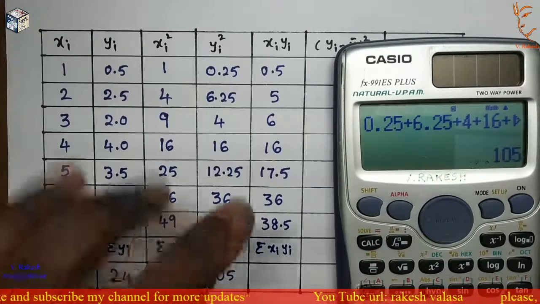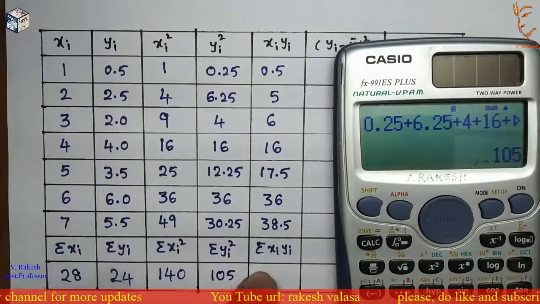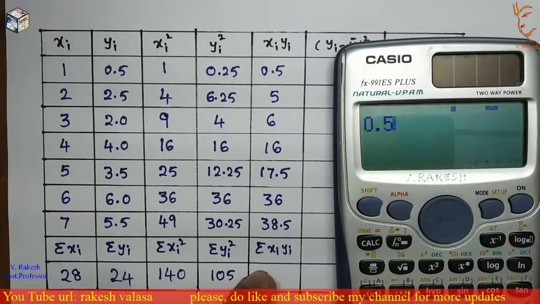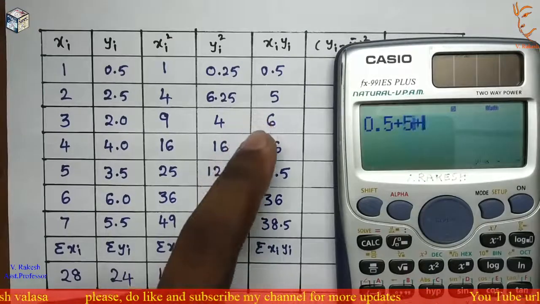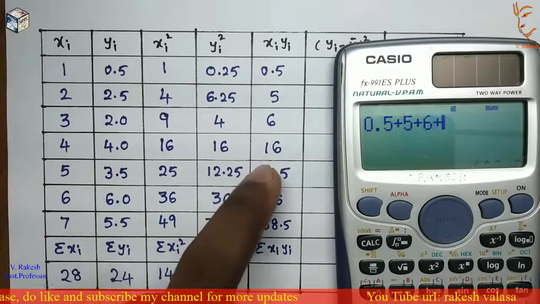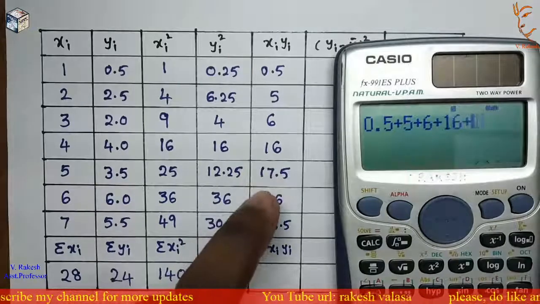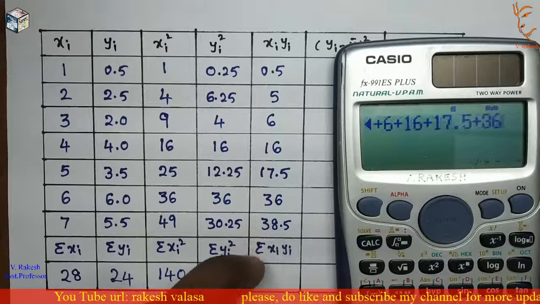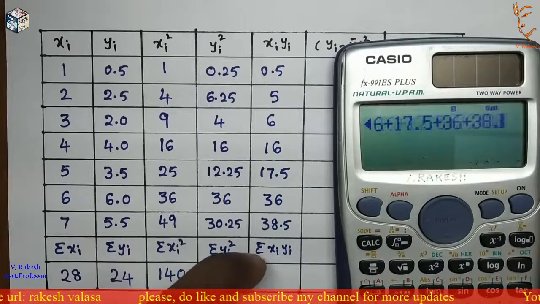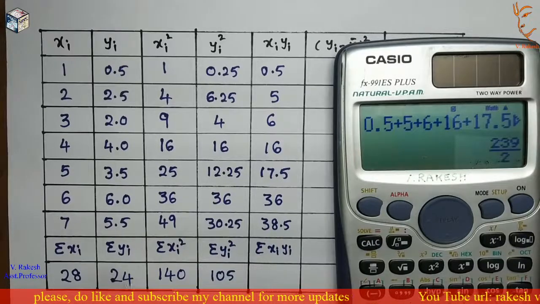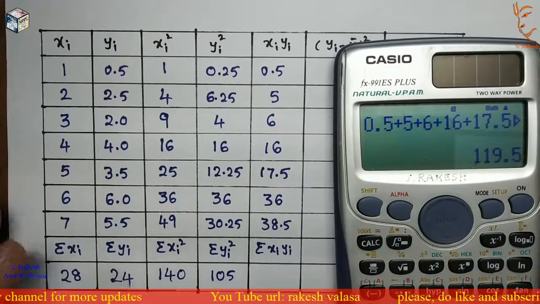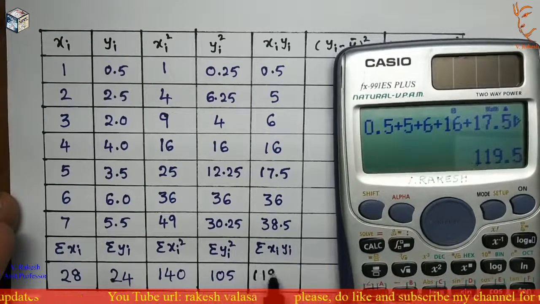Next one is summation xi yi, that is 0.5 plus 5 plus 6 plus 16 plus 17.5 plus 36 plus 38.5. The answer is 119.5.